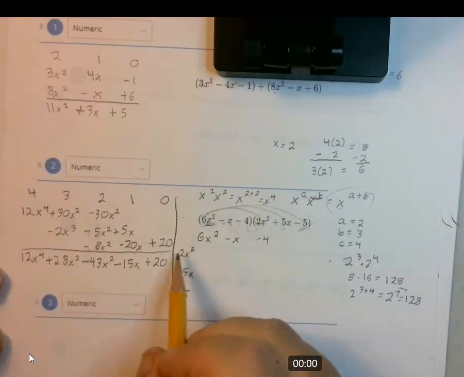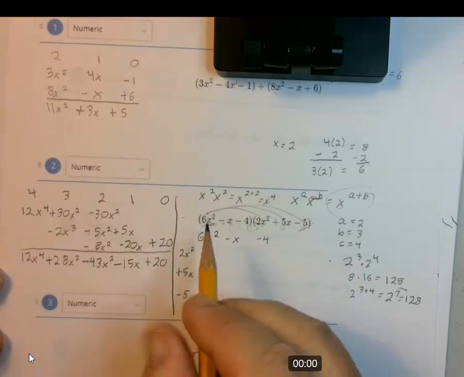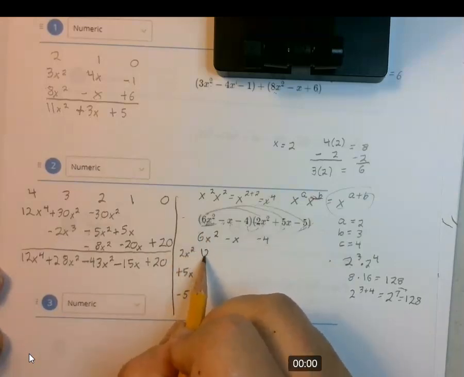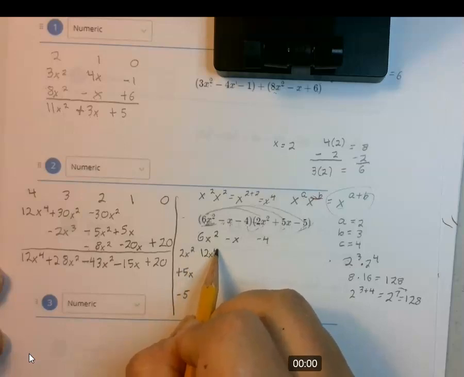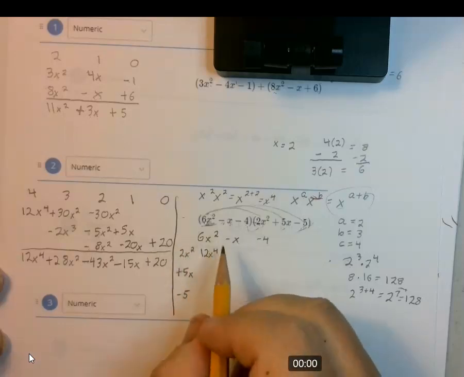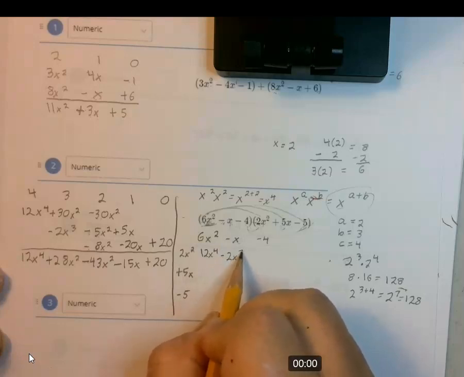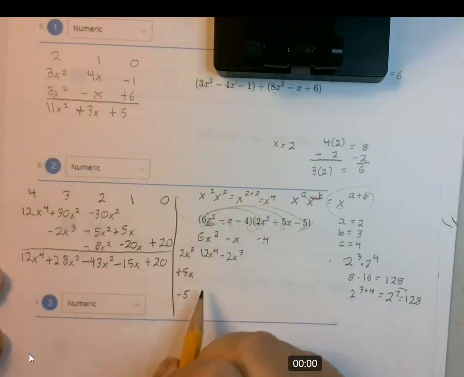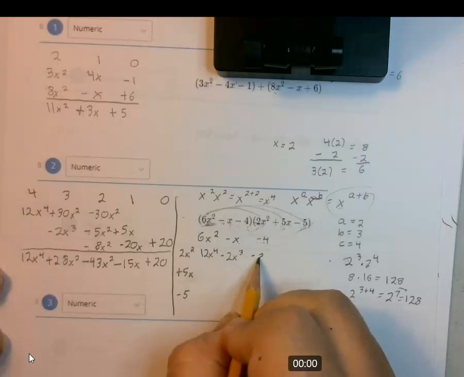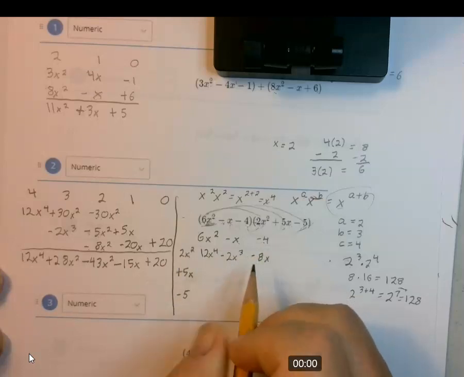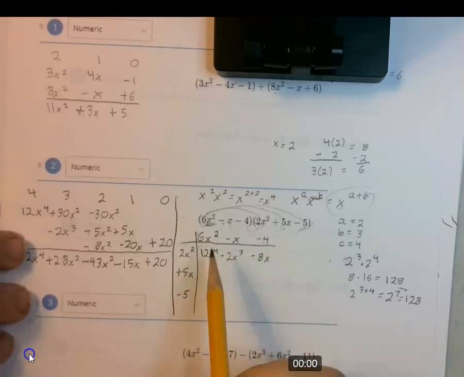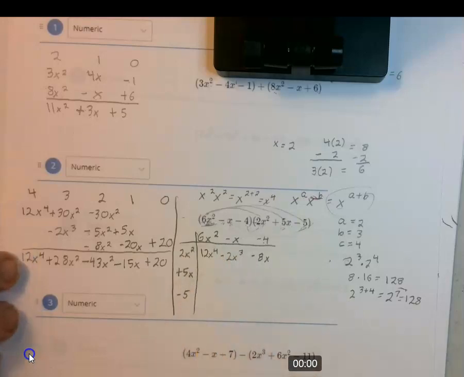Okay, so what you do is you simply multiply these two and you get the 12x to the 4th. Now you multiply these two and you get negative 2x to the 3rd. These two. Okay. Now you come down here.